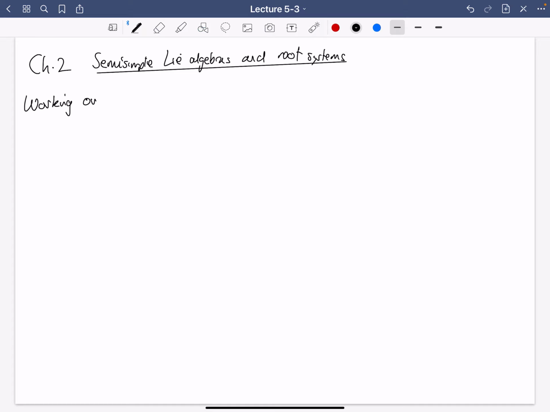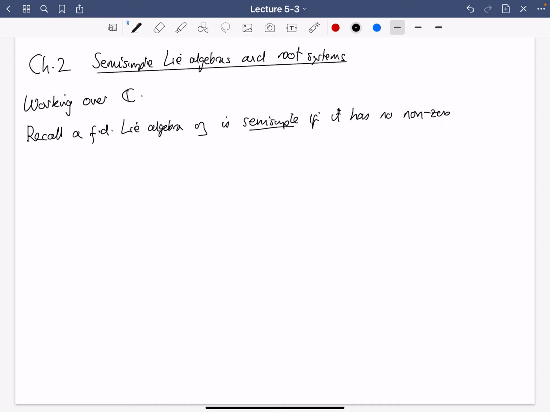Remember, we're always working now over the complex numbers, and I want to recall that a finite-dimensional Lie algebra G is called semi-simple if it has no non-zero solvable ideals.